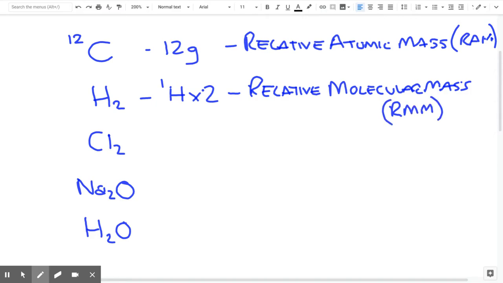Relative molecular mass is used sometimes quite interchangeably. It may even be used for sodium oxide down there. You may see a question, or someone may say, what is the relative molecular mass of sodium oxide? It's not a molecule, but sometimes it's used interchangeably, and probably a more correct term would be to use RFM, which is relative formula mass.